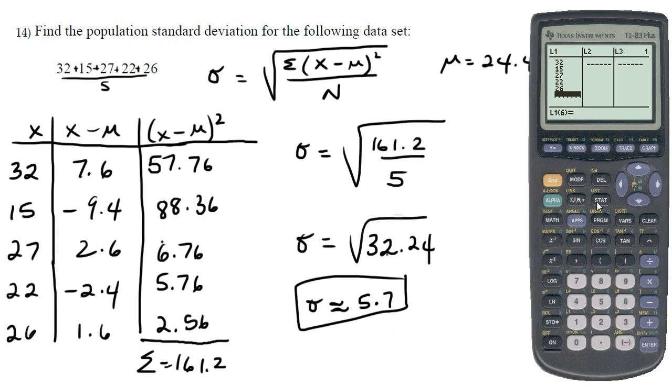Put each of those values in. Go back to stat, calculate one variable stat, so enter. Mean 24.4. Got these sums. Sample standard deviation 6.34. Population standard deviation 5.678, which is what we got there. Okay.